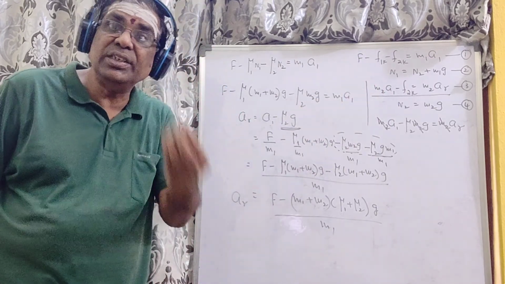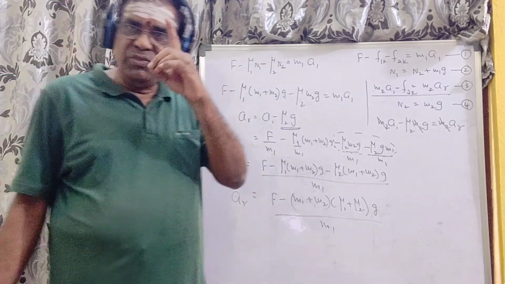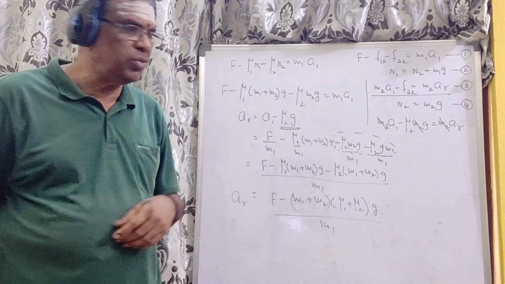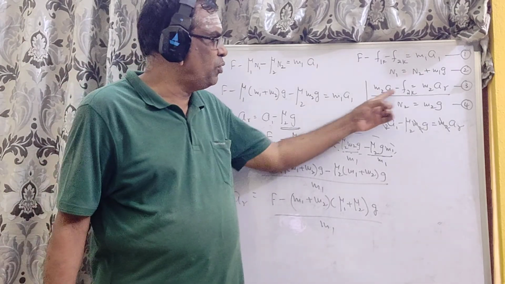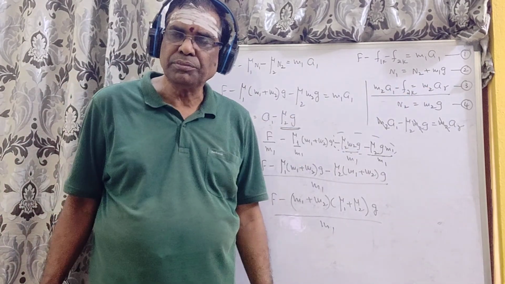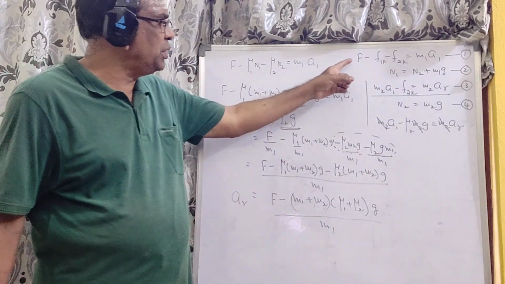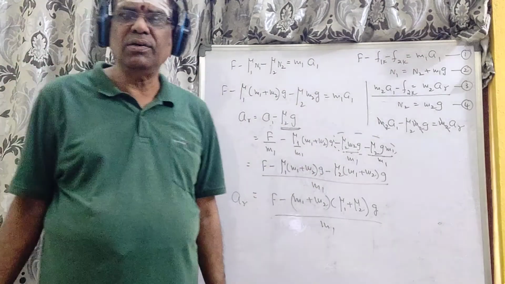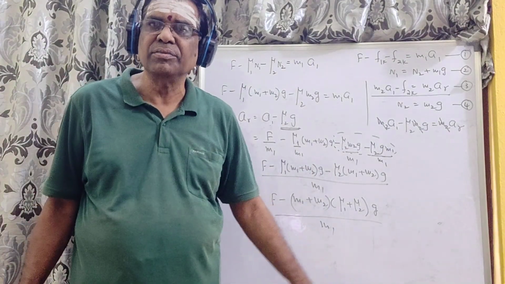Upper body FBD with the pseudo force. Every time you work with friction, better to use the pseudo force technique. The pseudo force technique, I got these two equations. And then between these four, I have tried to work out what is AR.